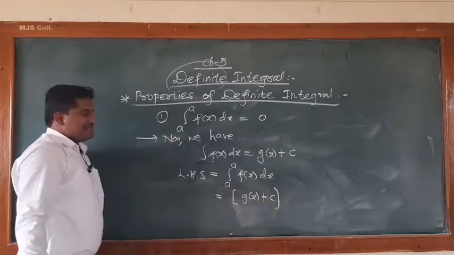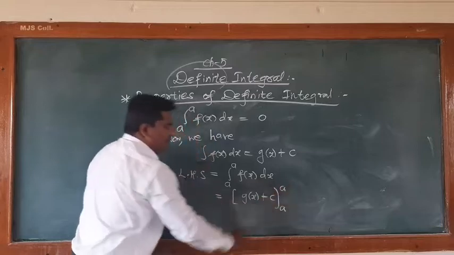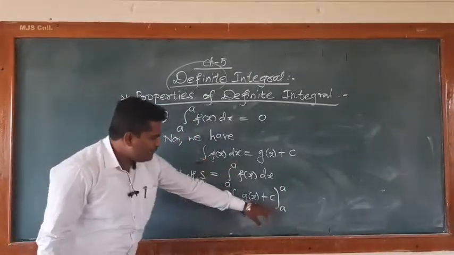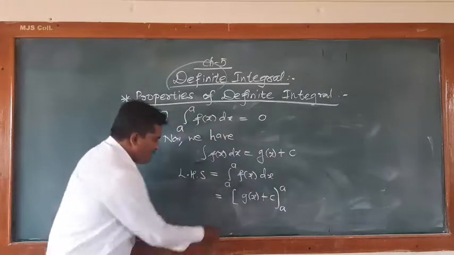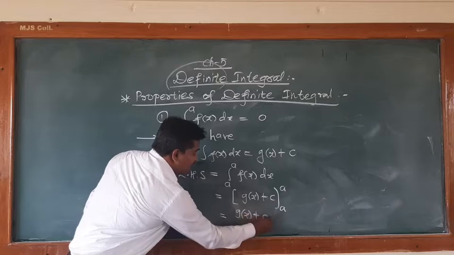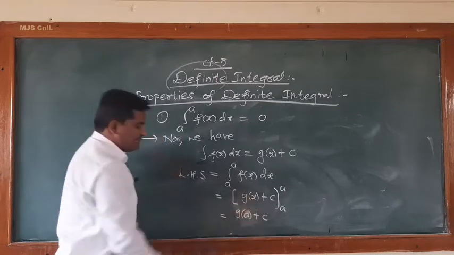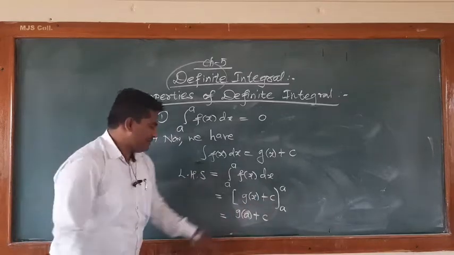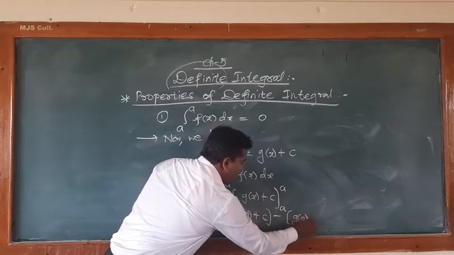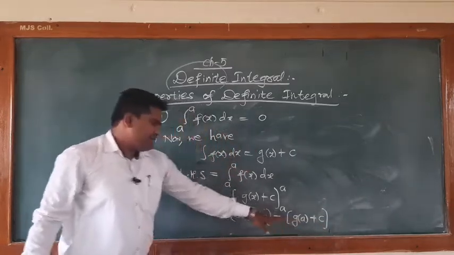And with limit a to a, it is the same limit, lower limit and upper limit here same. Therefore, this x is replaced by a, that is upper limit, and minus g of a plus c, it is also replaced by a.